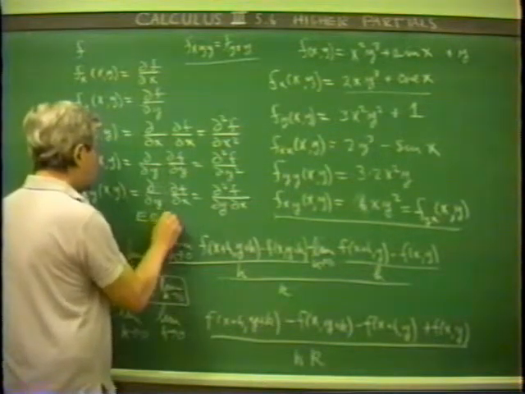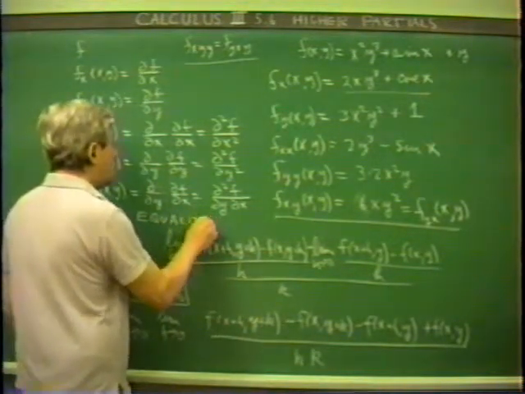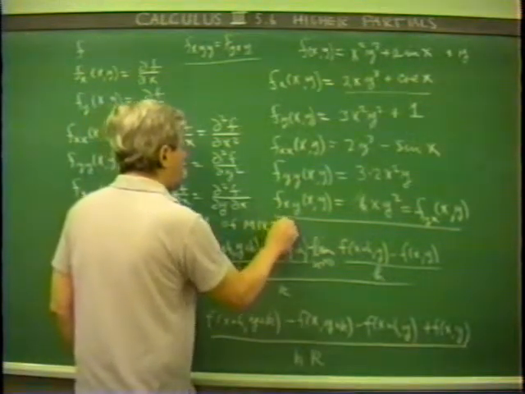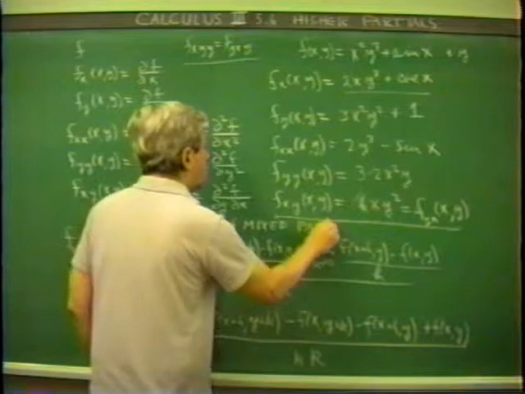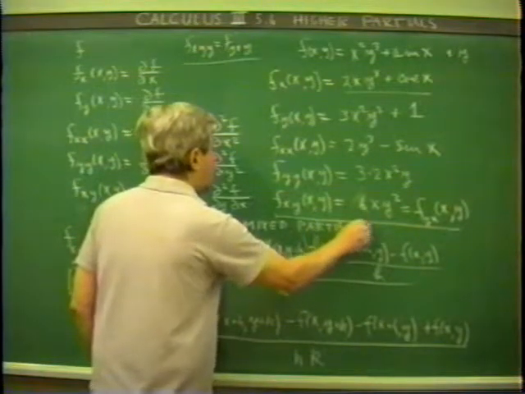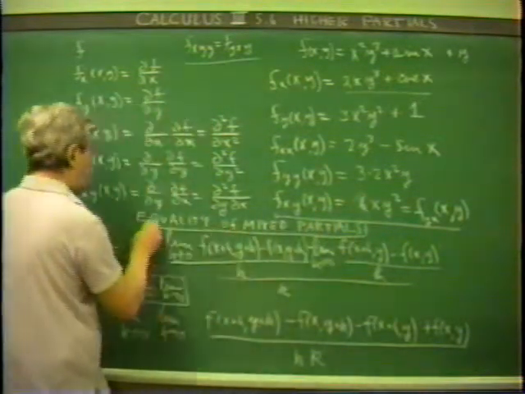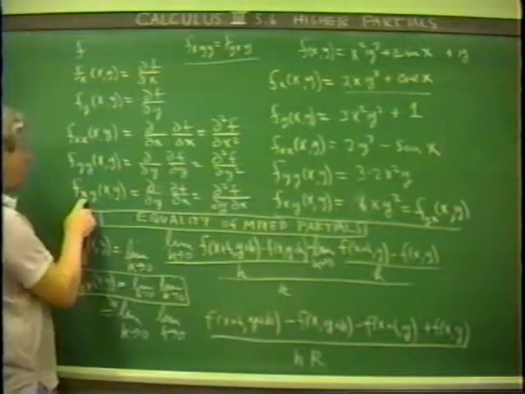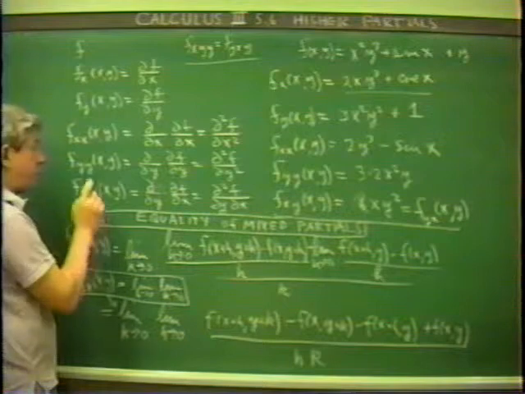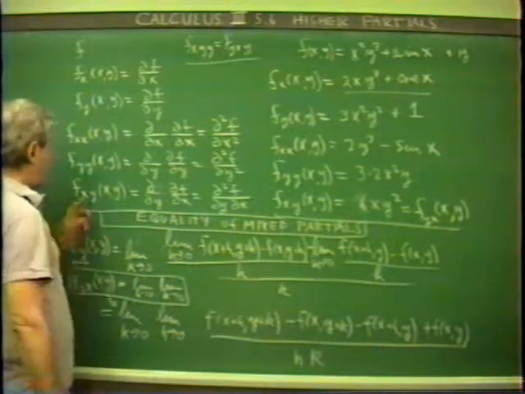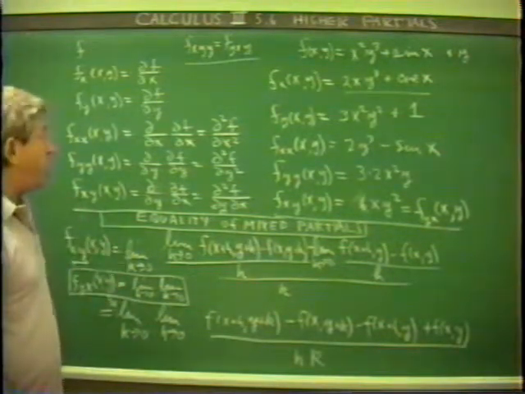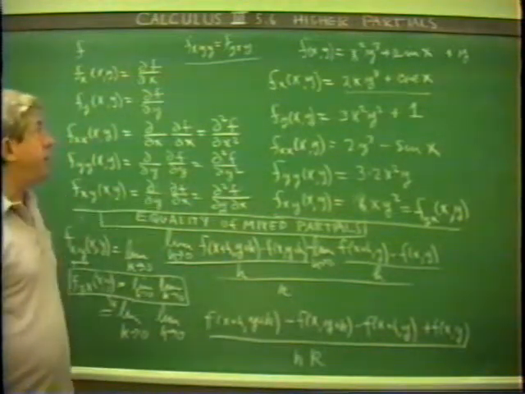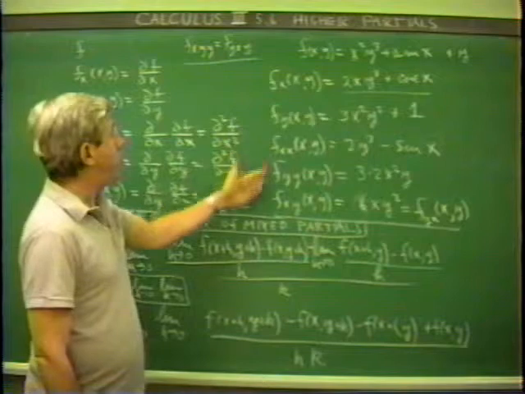This fact is called the equality of mixed partials. The fact that the partial with respect to one variable and then with respect to another is the same as when you interchange the variables is called the equality of mixed partials.